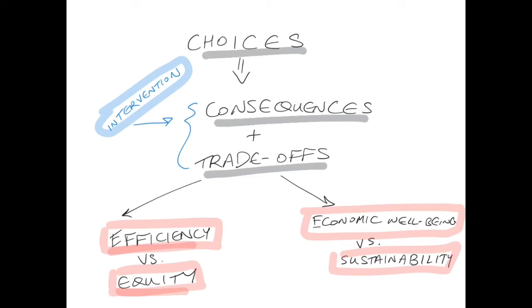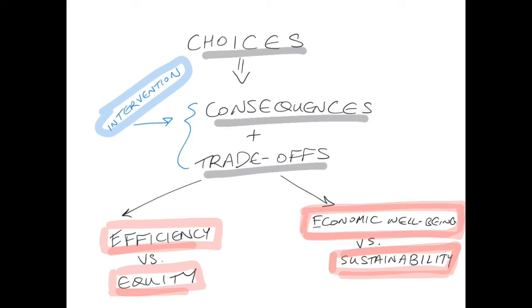Also, another trade-off that economists study is the trade-off between economic well-being and sustainability. When individuals and nations and societies pursue their economic well-being, this often poses challenges to sustainability, which is the ability to meet the needs of the current generation without compromising the ability of future generations to meet their needs.